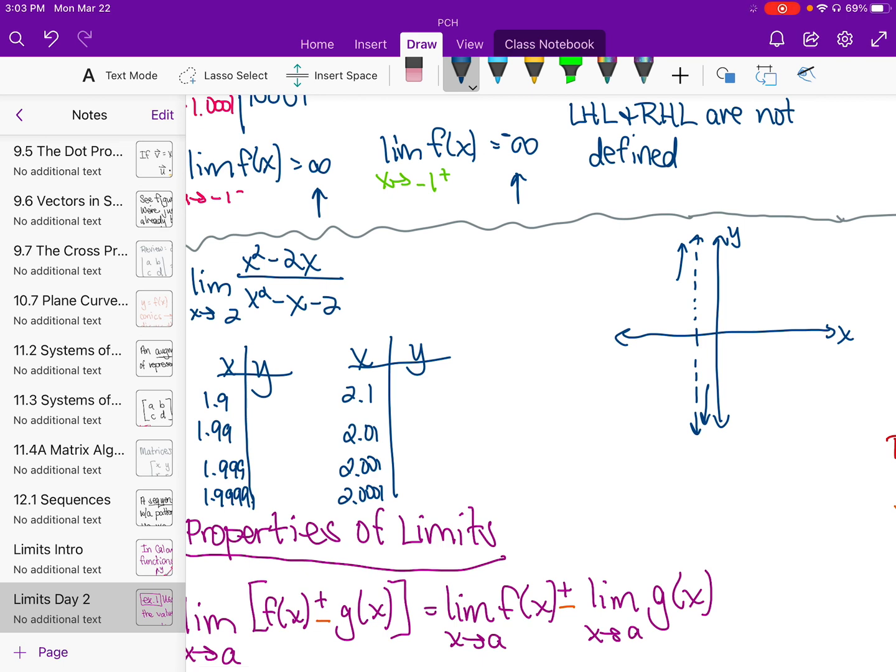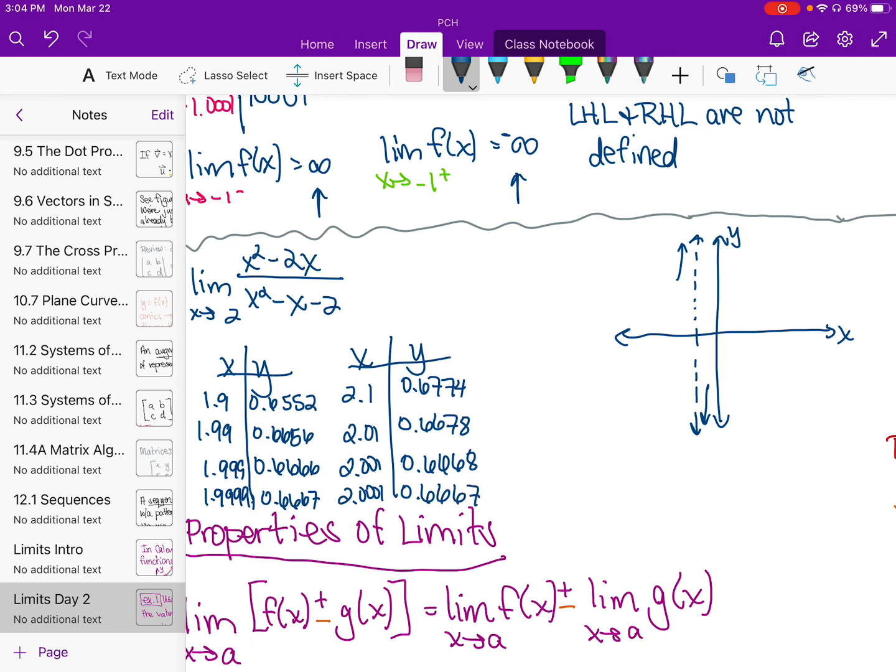I'm going to go back into my table. And I've got those values, and then I've got those values.